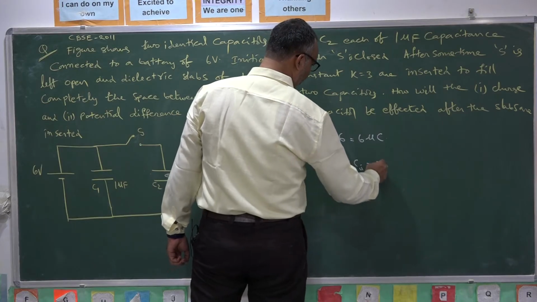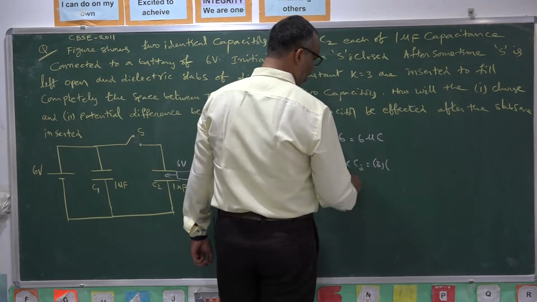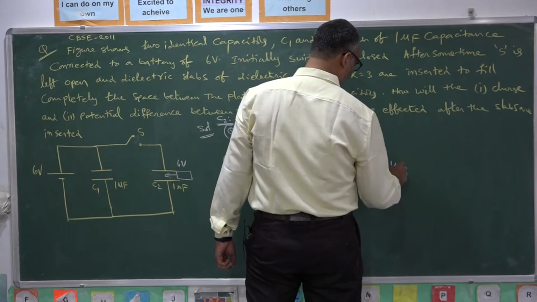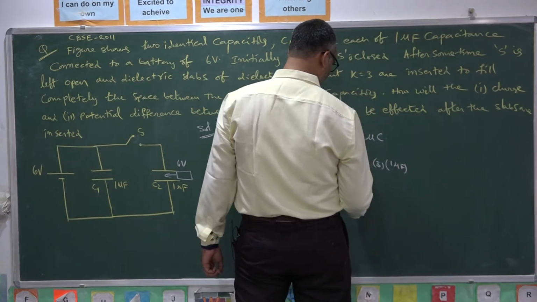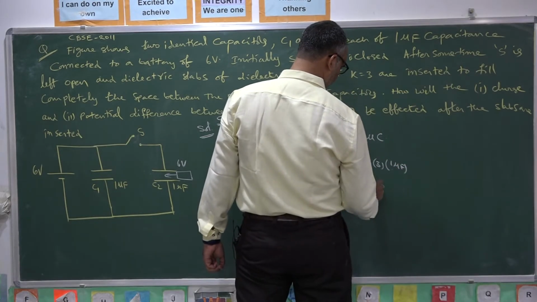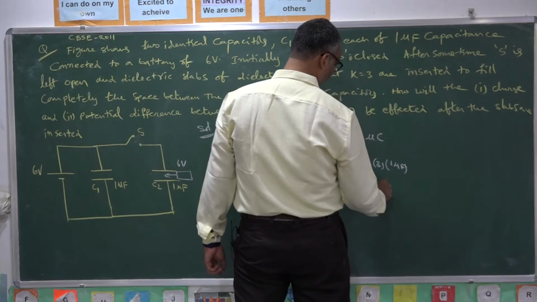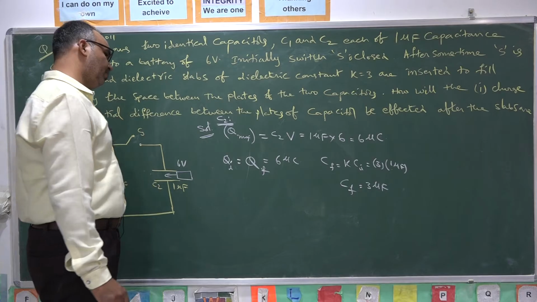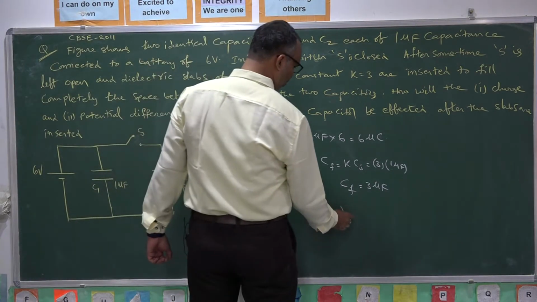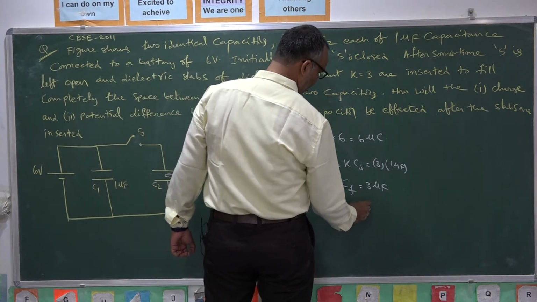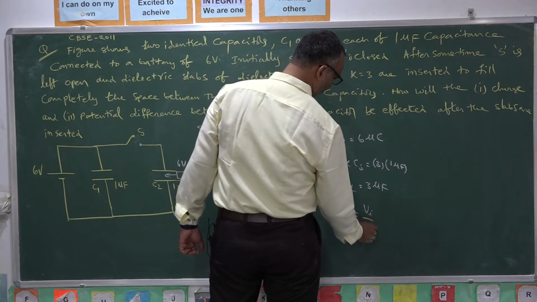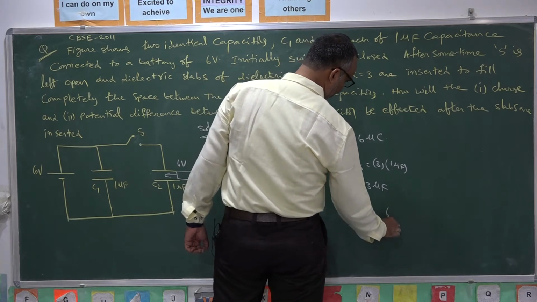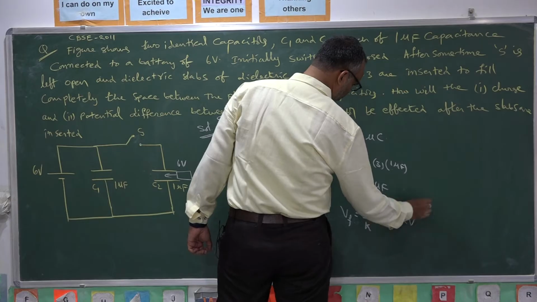K value they gave as 3. Initial capacitance is 1 microfarad, so final capacitance becomes 3 microfarad. As the battery got disconnected, the final potential between the plates becomes initial potential divided by K, that is 6 by 3, it becomes 2 volts.